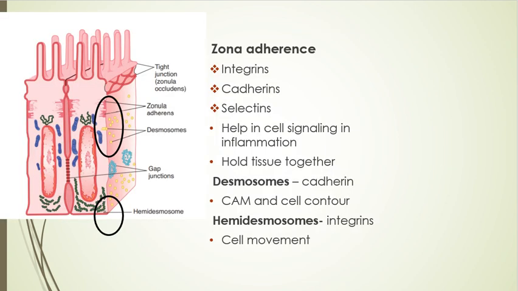So coming to the third type of intercellular connections, they are zonula adherens, desmosome and hemidesmosome. Starting with zonula adherens, this part. Zonula adherens are made up of 3 proteins: integrin proteins, cadherin proteins and selectin proteins. Zonula adherens are basically connected with microfilaments.